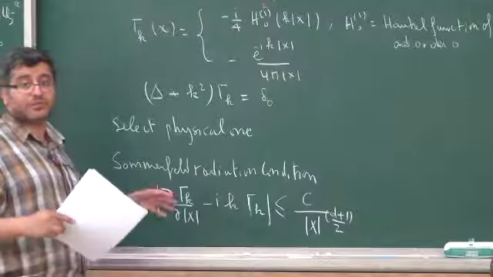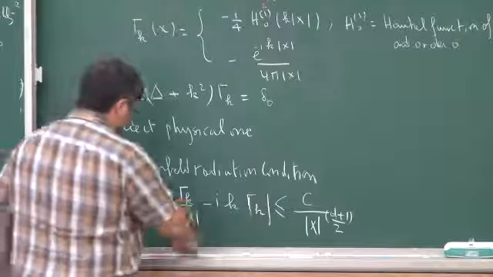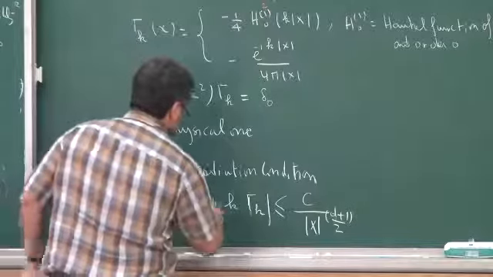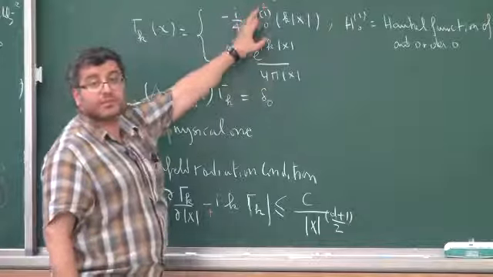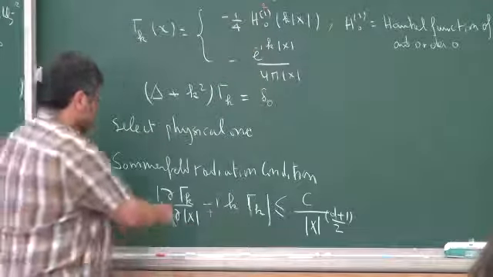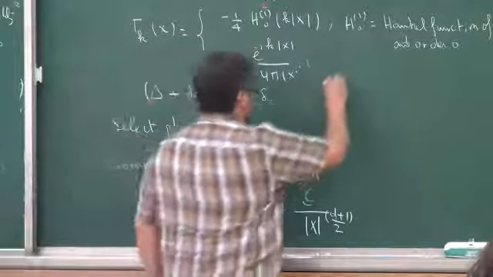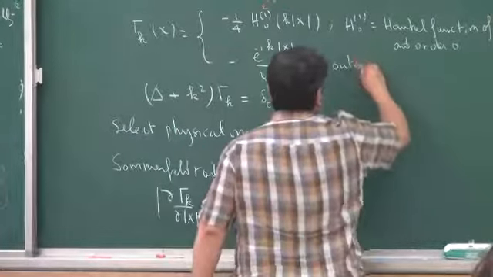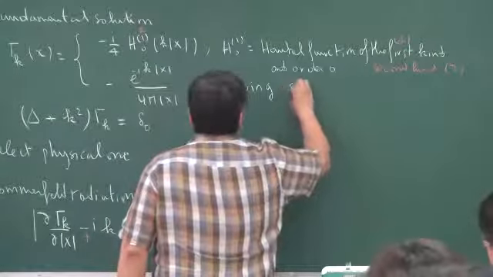This Sommerfeld radiation condition selects the physical solution. If you change here minus to plus, then you use the other one, with sign minus here and with the 2 here. So we will call the one in white the outgoing solution.